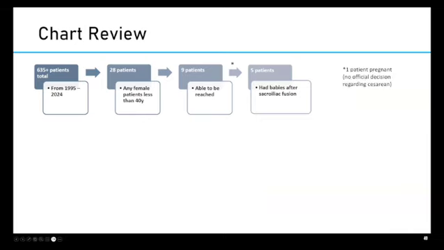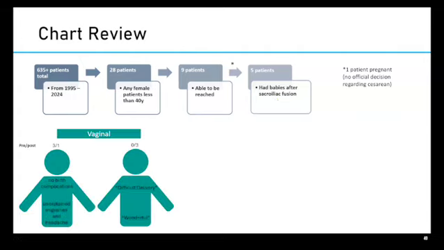These were female patients less than 40 years of age, basically women in childbearing years. I was only able to reach 9 of these, of which 5 had babies after sacroiliac fusion. 3 had vaginal birth with no complications. 1 described her delivery as difficult, but otherwise her result was, quote, wonderful, she would say.